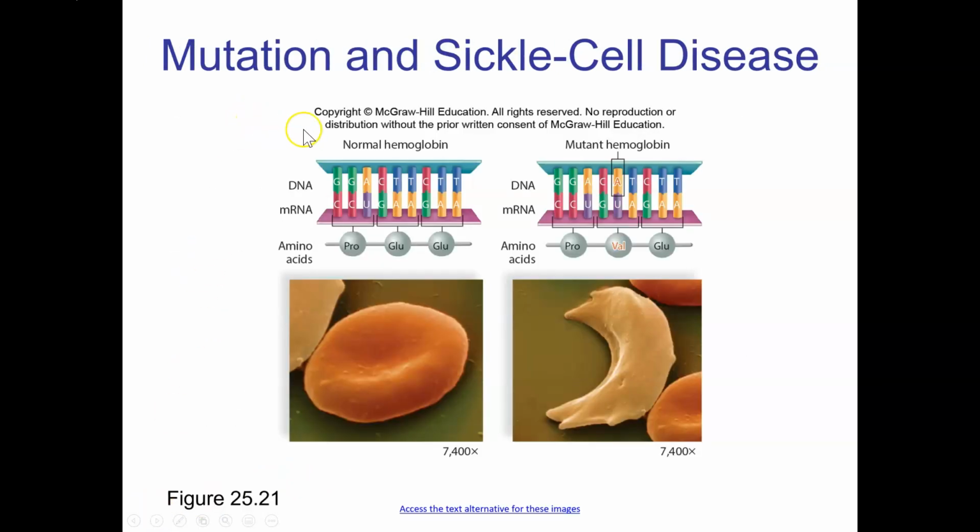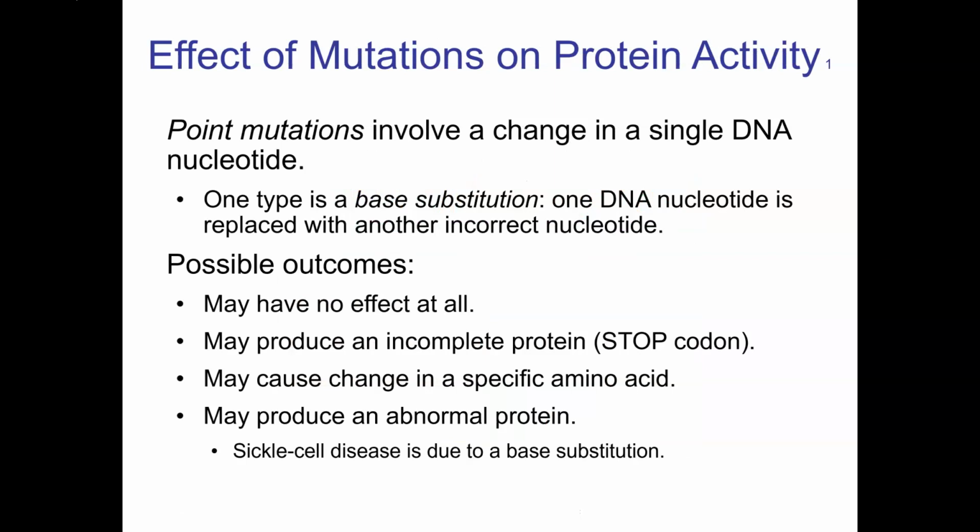So here's an example of a base substitution where we end up with a missense mutation. So I didn't write this down, so let me just go to the slide before.